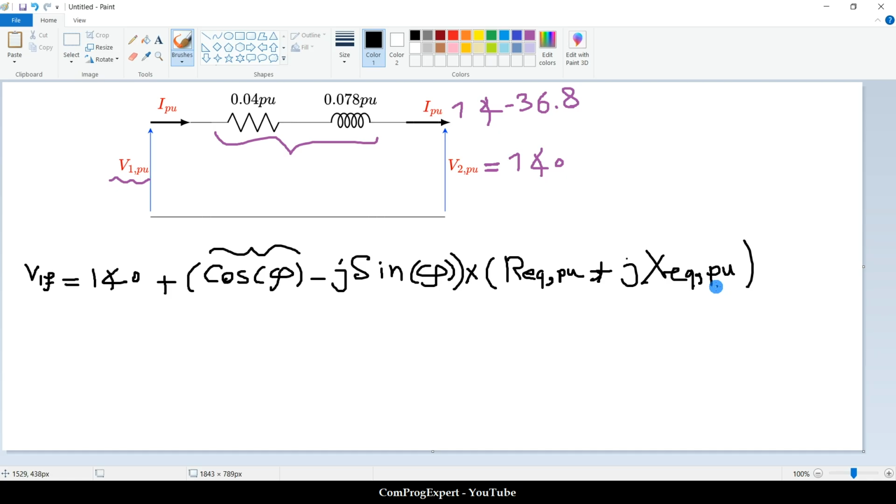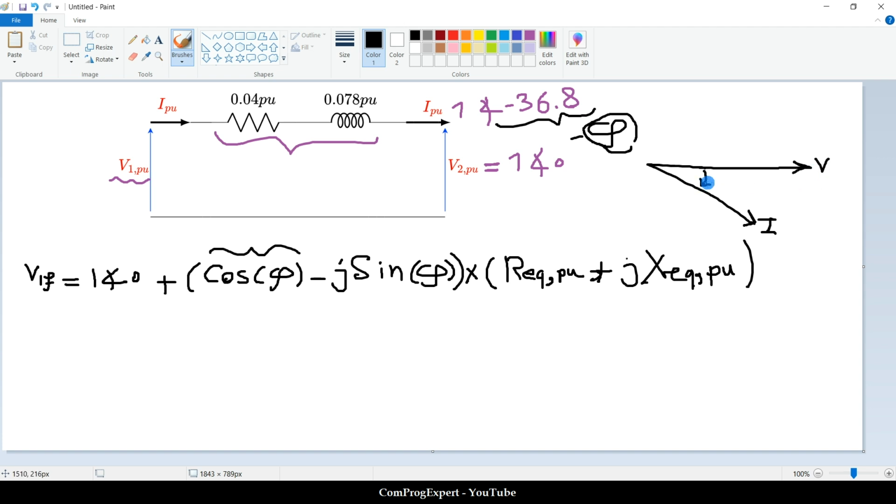So here, because we considered this phi angle, this is the phi, right? Like this, we also wrote the value of the current like this. So this is negative phi. Actually, the phi is this angle. Yes, the phi is the absolute value, right, of the angle between the current and the voltage.